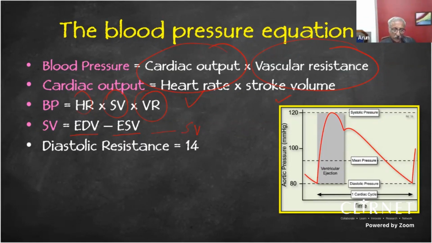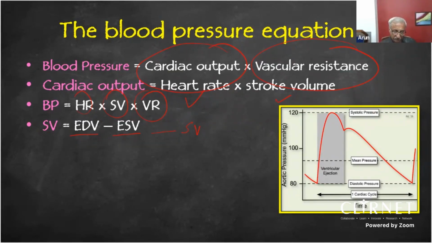Now, how do we measure blood pressure then? Suppose we have a heart rate of, say, 60. And we know that stroke volume is approximately 70 to 80 milliliters.